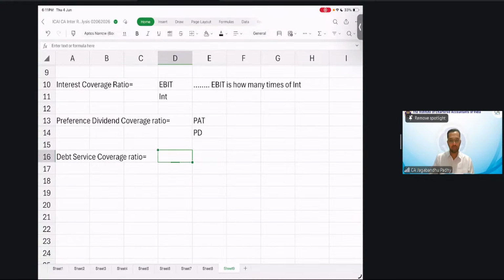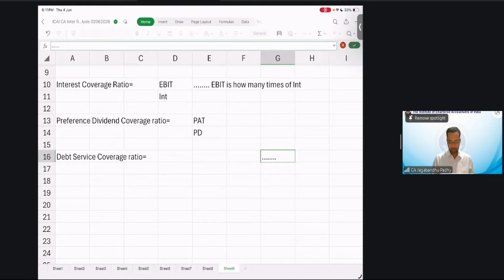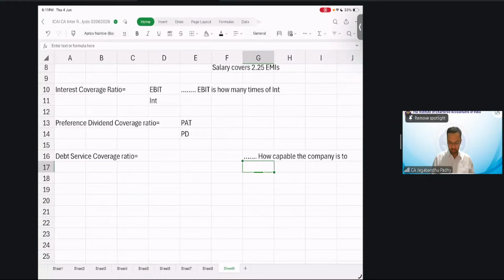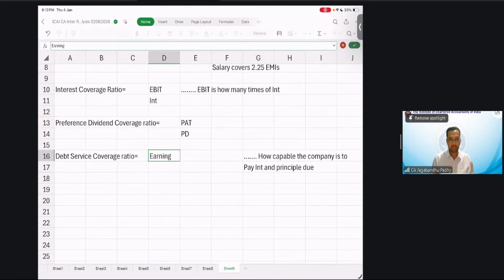Debt service coverage ratio is going to tell us how capable the company is to pay interest and principal due, right?